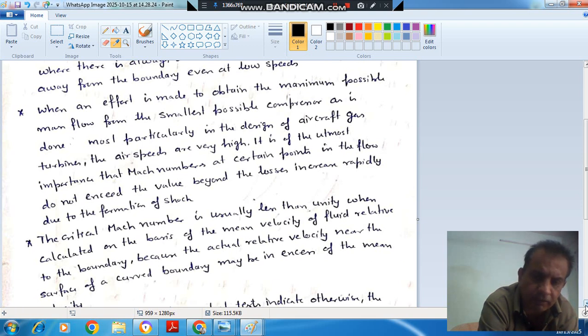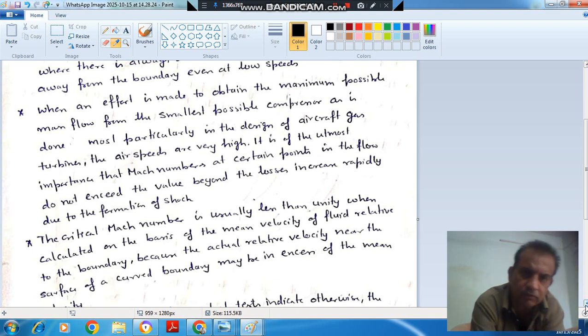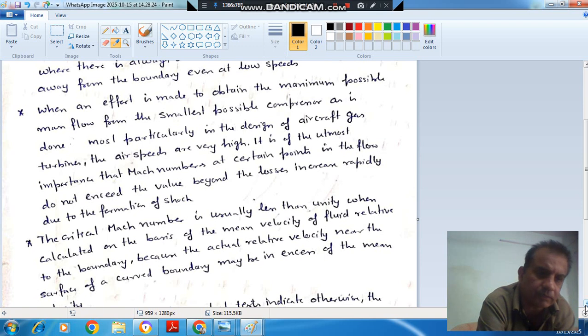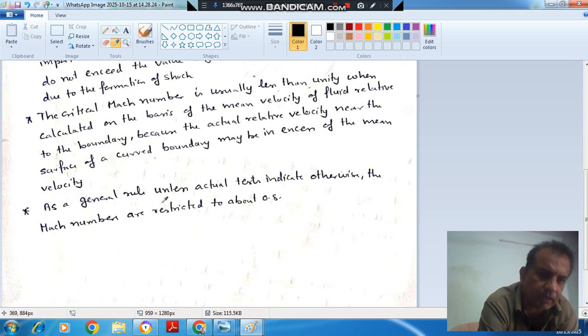We have studied that if the initial Mach number is 0.9, when it reaches a surface it can be more than 1, or 1.2 or 1.3, which can cause shock. As a general rule, unless actual tests indicate otherwise, the Mach numbers are restricted to 0.8, because even if the initial Mach number is 1, inside the compressor it may exceed 1.